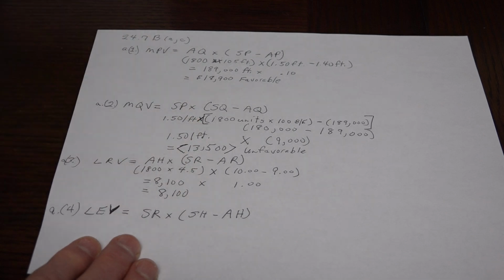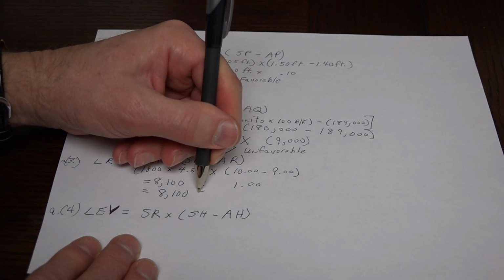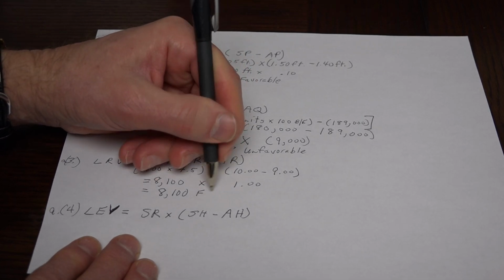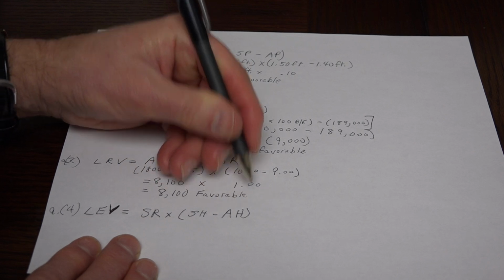It's a positive number, so this labor rate variance is a positive $8,100 favorable.